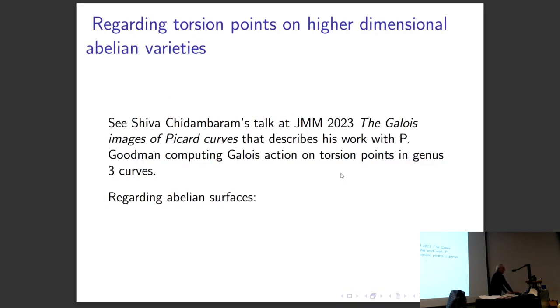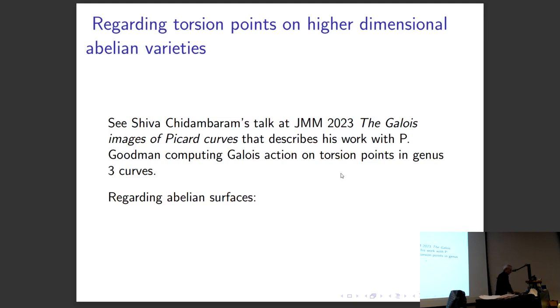Regarding torsion points on higher dimensional abelian varieties, there's Shiva Chidambaram's talk at JMM that describes his work with Goodman, which gives an algorithm to decide whether the Galois action on torsion points is full or not, in a certain class of genus 3 curves.